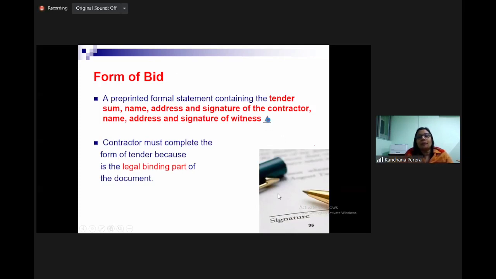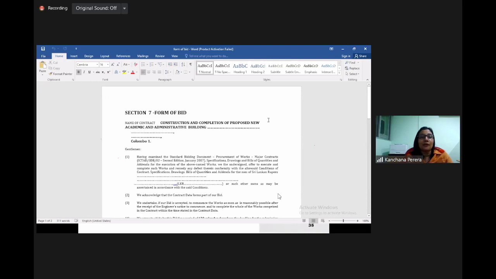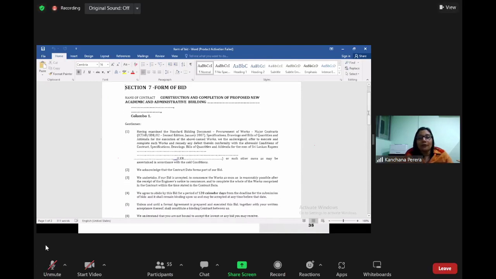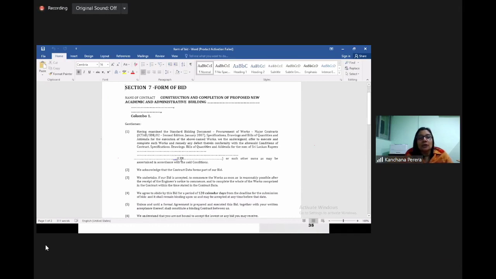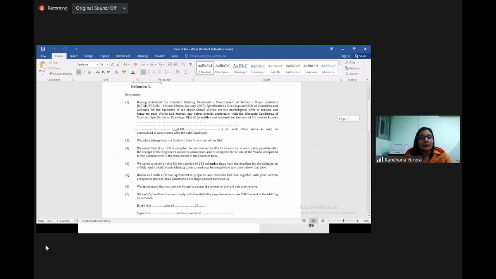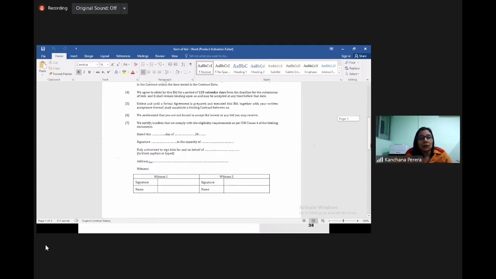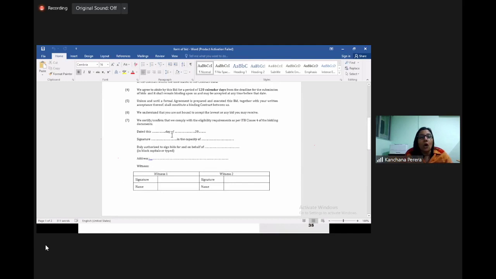Very important document. Can you see the form of bid? Yes. You have to give the bid amount in numbers and words both. But if there is a discrepancy, the amount given in words will prevail, right? Then an authorized person should sign. Then there should be 2 witnesses for signing.